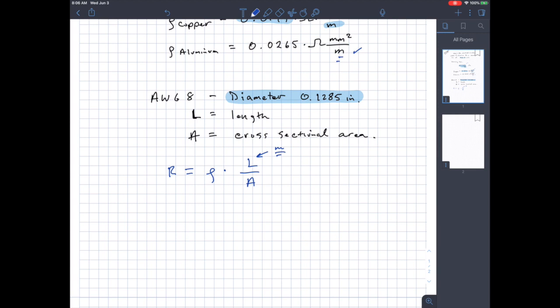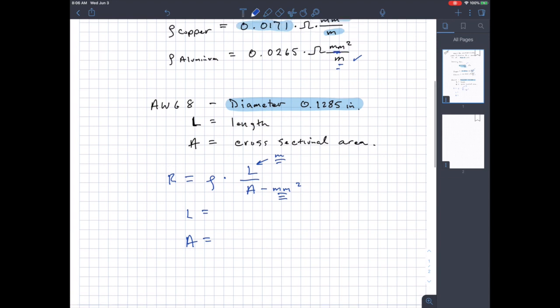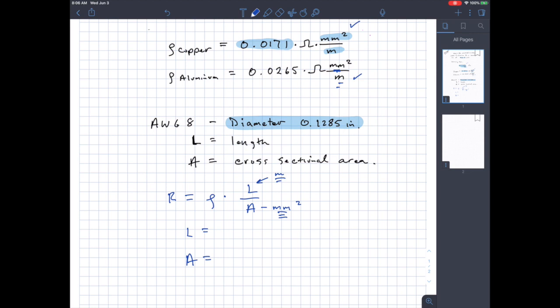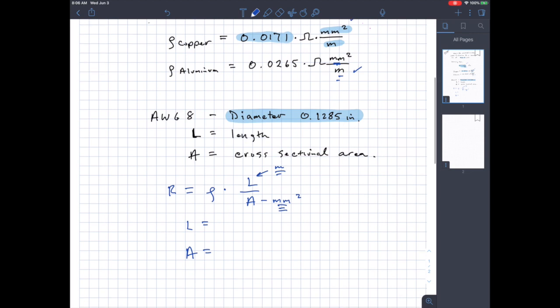All right, so the way I'm thinking ahead on this is I'd like to get the length converted to meters, okay? And if you use the same argument for cross-sectional area, what would it be? What are you shooting for for cross-sectional area? Well, for cross-sectional area, I have millimeters squared. If I did that, then the resistivity, which shows up here as millimeters squared over meter, that would cancel.